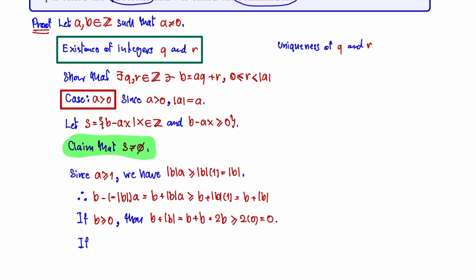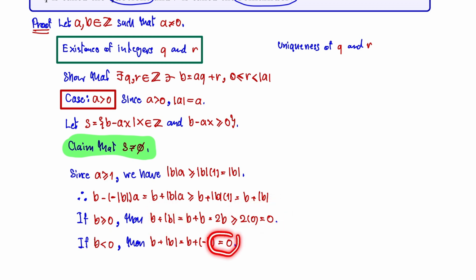Now, if b is less than 0, what happens to b plus the absolute value of b? It's going to be b plus minus b, which is 0. So as we can see, when b is an integer, b plus the absolute value of b will be greater than or equal to 0.